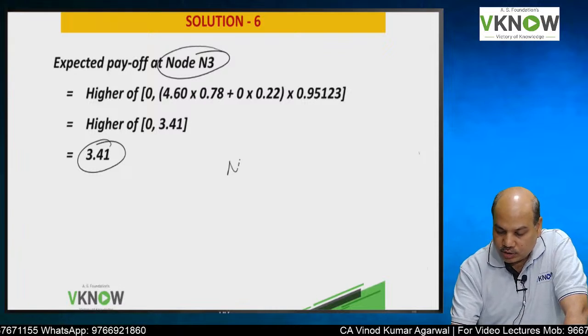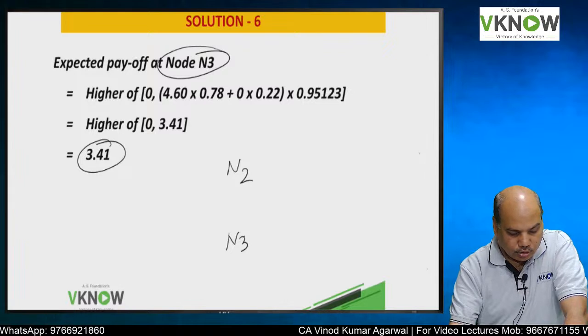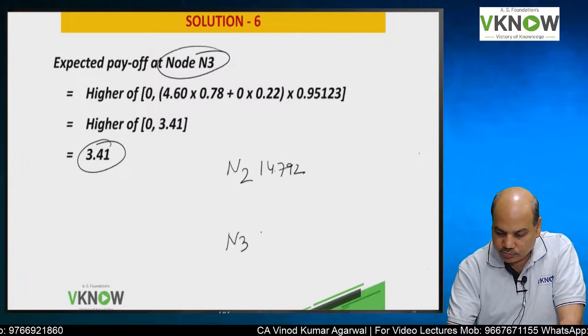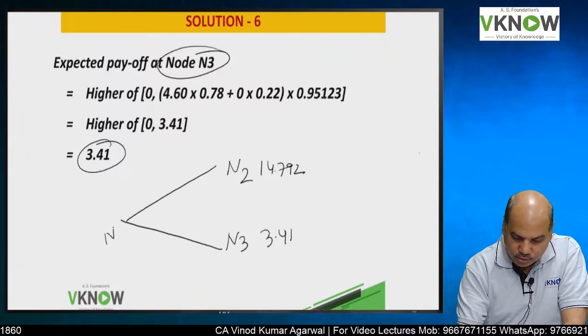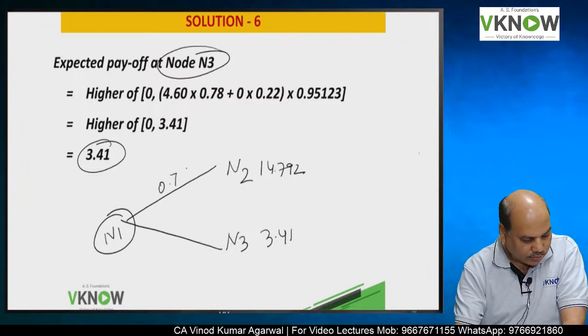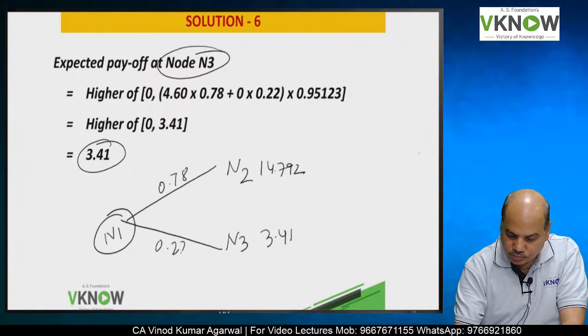So now we have got the value of N2 and N3. N2 was 14.792, N3 is 3.41, and we have to now go to N1, and these are their probabilities, 0.78 and 0.22.